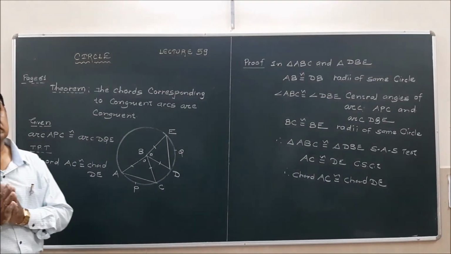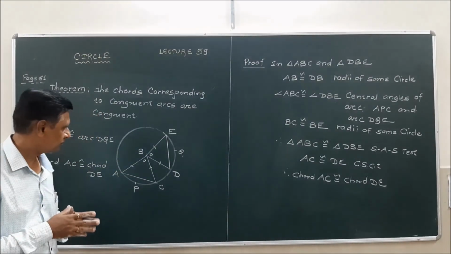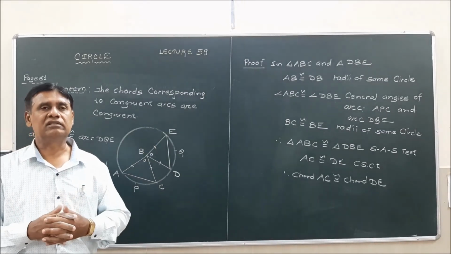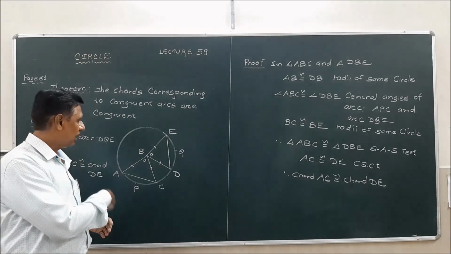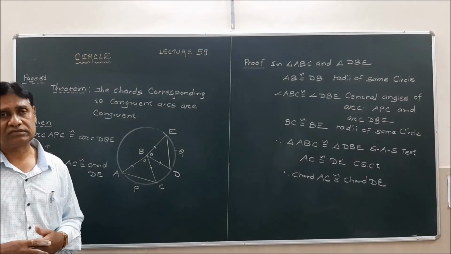Dear students, the circle is a very important chapter. I have noticed that even in similarity and the theorem of Pythagoras, I am using a scale and instruments to draw these figures.